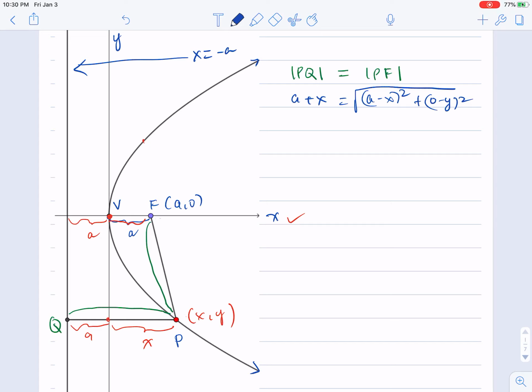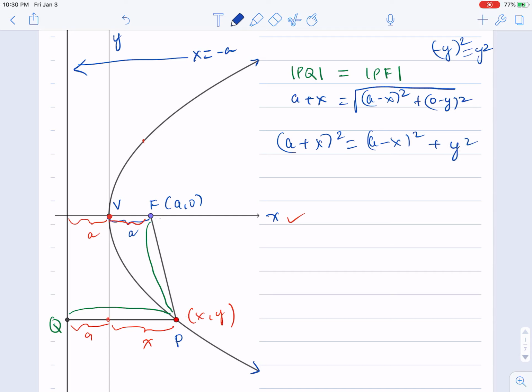So, para matanggal natin yung radical sign, we square both sides, no? So, (a plus x) quantity squared is equal to tatanggal tong radical sign, magiging (a minus x) squared plus, ano ang 0 minus y? That's negative y, di ba? Negative y squared. Ay, is y squared lang. So, this is y squared.